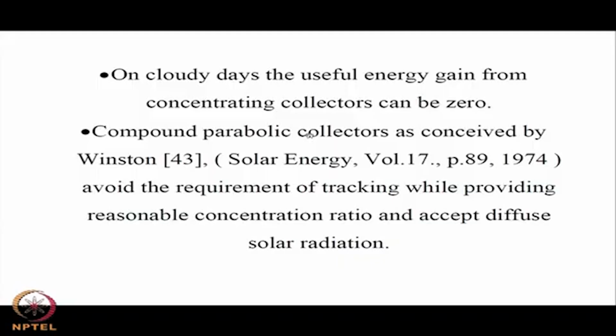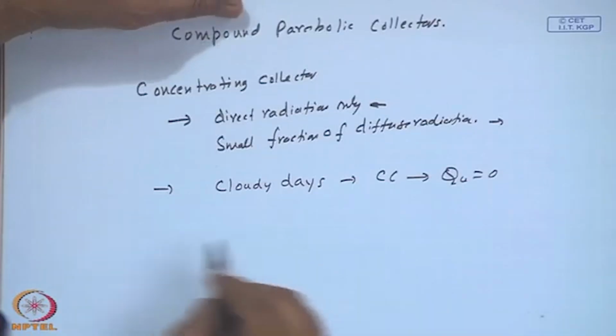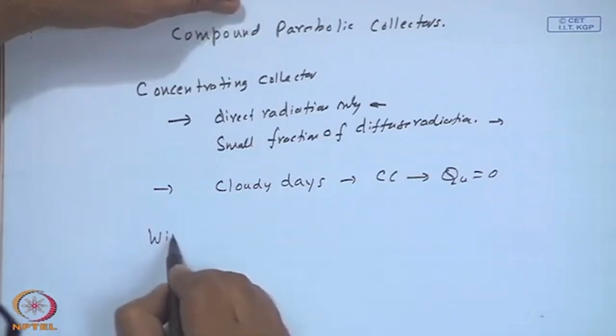The other thing is a disadvantage. On cloudy days, a CC may give you Qu equal to 0. If you have a very cloudy day, since it does not accept diffuse radiation, the useful energy gain may be almost equal to 0.